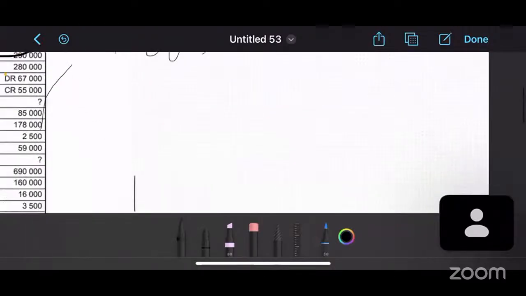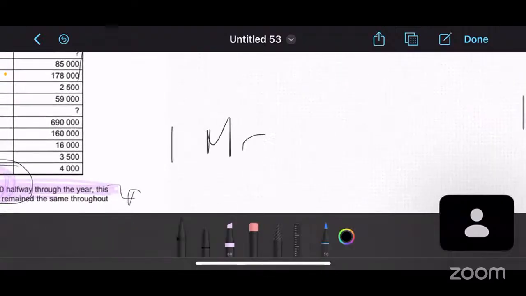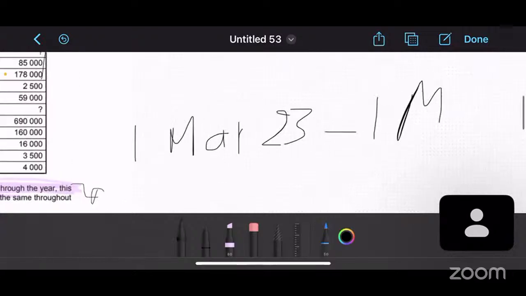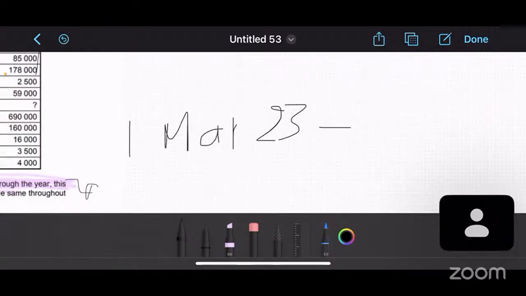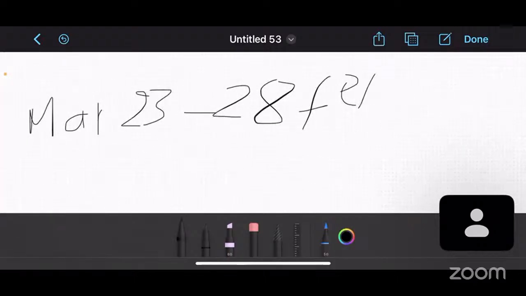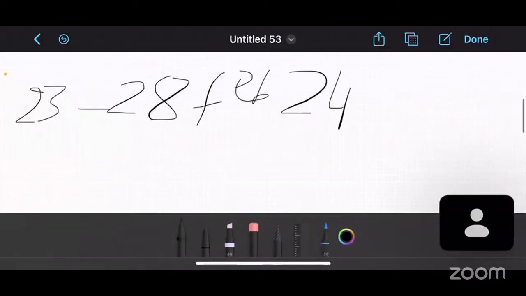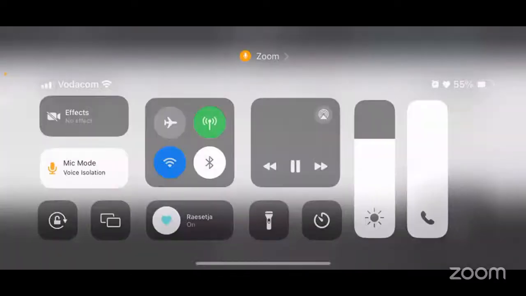So 1 March 2023 to 28th Feb 2024, but then a March salary has been received. A March salary has been received.